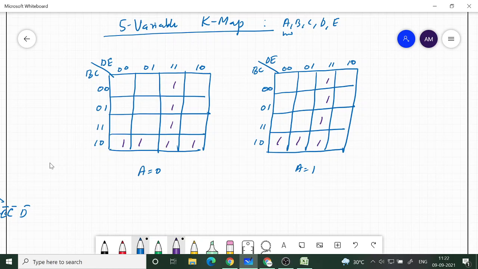Now we need to first of all identify each cell. Since A is 0, I can immediately say that this is M0, M1, M2, sorry, this is M3. Always be careful. Then M4, 5, 6, 7, 8, 9, 10, 11, 12, 13, 14, 15.